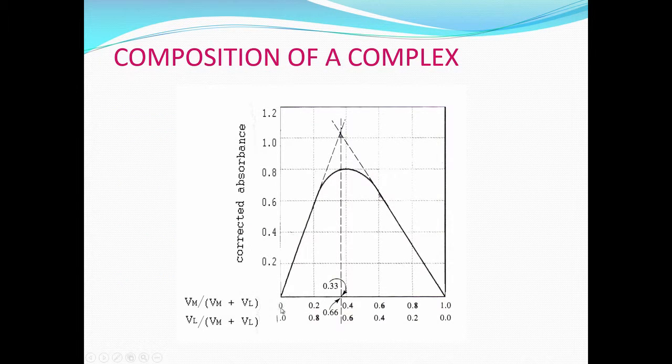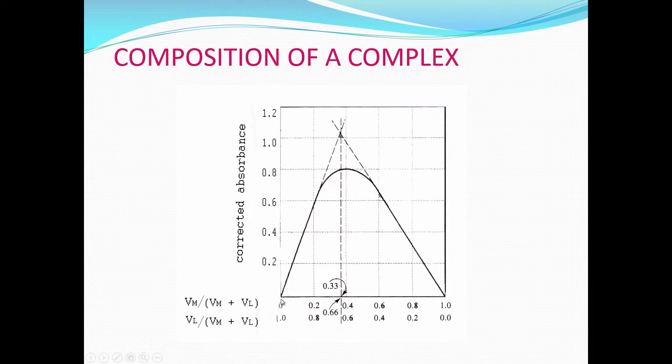Here what I do is I take the reagent 100% and metal 0%. So, here Vm is 0% and Vm by Vl I compute and I keep on increasing from 0, 0.2, 0.4, 0.6, 0.8, 1. Since it is a ratio, the maximum is 1 only.